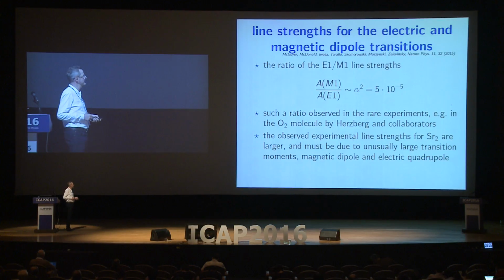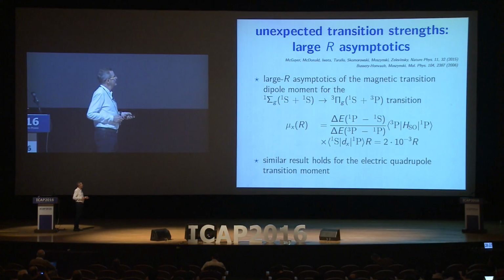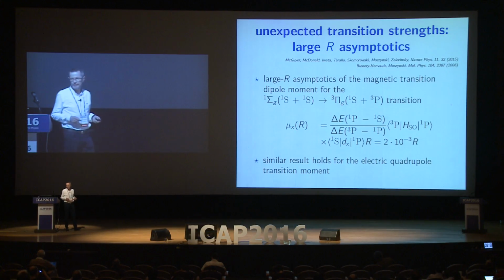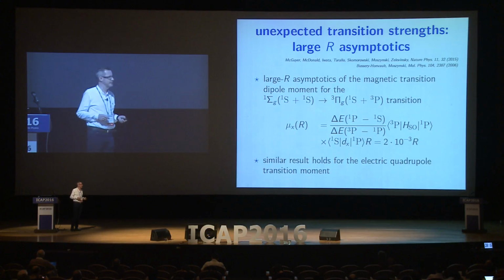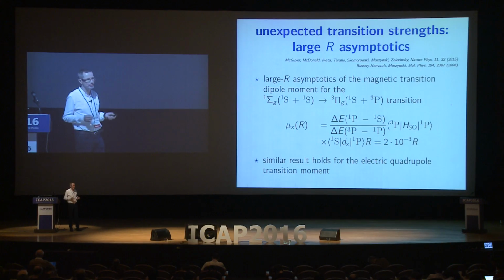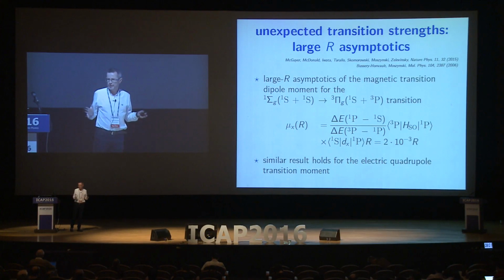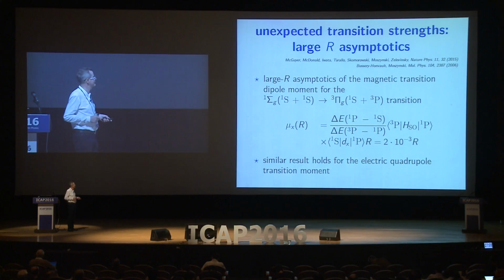So you had to find an explanation why it happens. And in 2006, I published a paper with Béatrice Bussery-Aubert, who is now in Dijon. And we could prove that for some selected molecular transitions, the transition moment is proportional to the interatomic distance. It diverges with the interatomic distance.